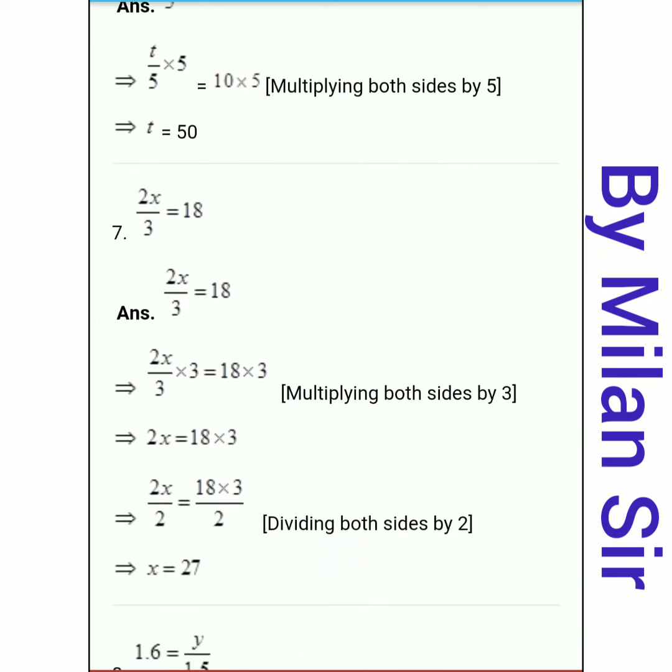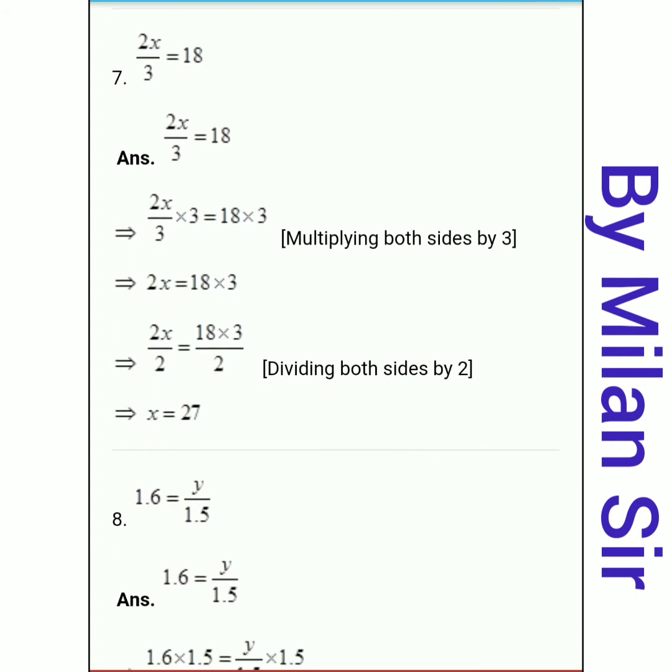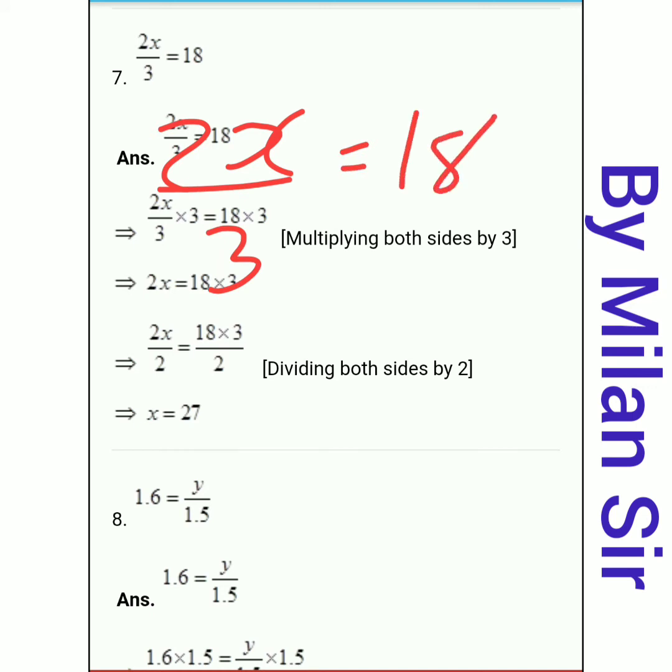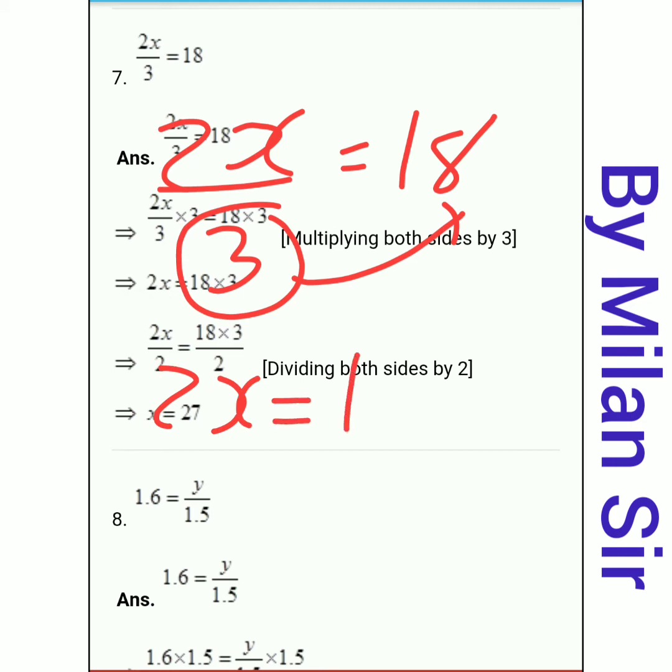Okay. Then question number 7. 2x by 3 is equals to 18. Right. Now first of all, this divide 3, if we transfer it to the right hand side, it goes to the numerator, right? That means in multiplication. So 18 multiply 3.